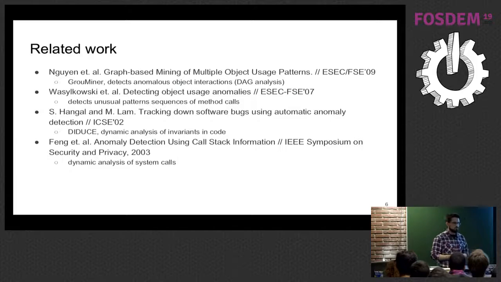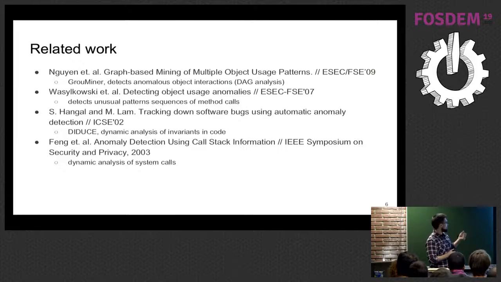Some of the papers listed here, the first two of them are based on static analysis. The first one presents the GrooveMiner tool, which tries to detect anomalous object interactions. So it takes the code, builds a directed acyclic graph that features constructor and method calls and their dependencies, and tries to apply graph anomaly detection techniques to find atypical areas in this graph.